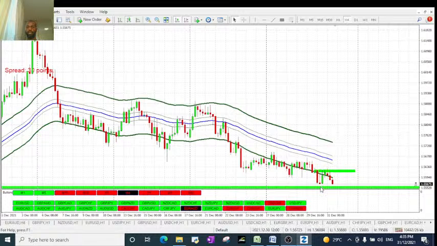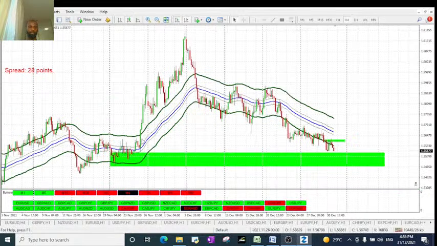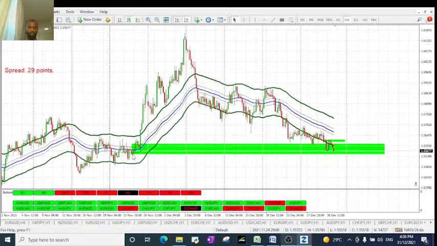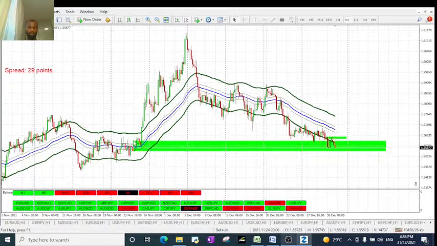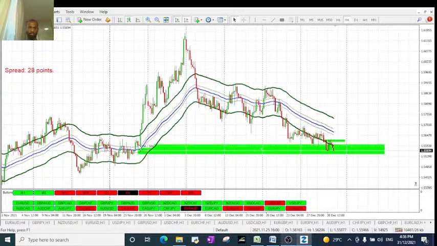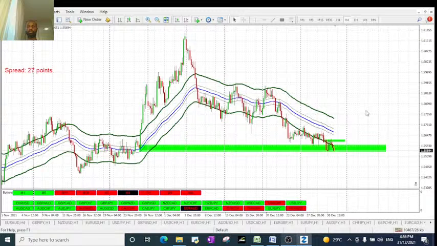You can see we've hit that zone already, rejected. We're coming back down. Yeah, it's an area to be very cautious. That's where we are.